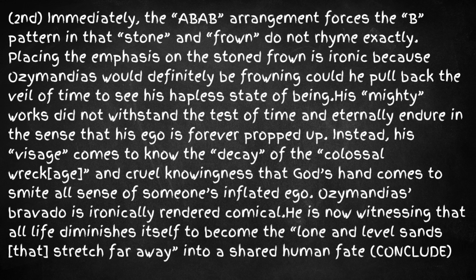Instead, his visage comes to know the decay of the colossal wreckage and cruel knowingness that God's hand comes to smite all sense of someone's inflated ego. Ozymandias' bravado is ironically rendered comical. He's now witnessing that all life diminishes itself to become the lone and level sands that stretch far away into a shared human fate.